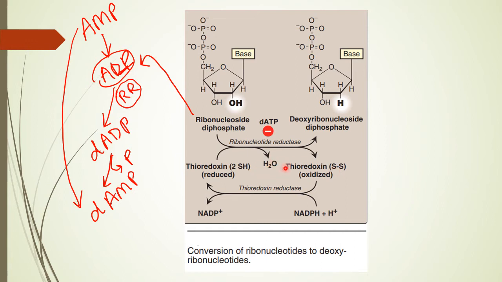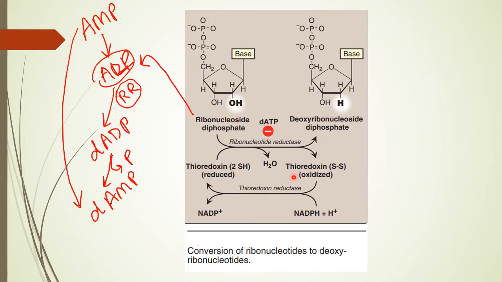Now this oxidized thioredoxin may be converted back to its reduced form by taking hydrogens again from NADPH. NADPH, most important source, as you know, is the HMP pathway. So NADPH itself becomes oxidized, but thioredoxin becomes reduced to recycle the same process.